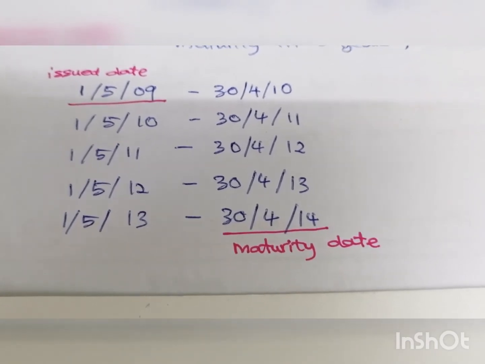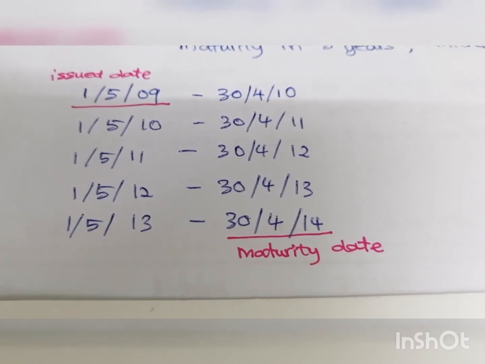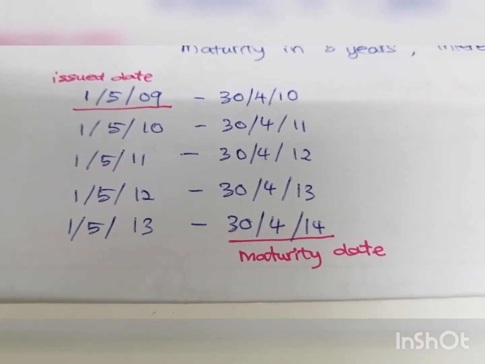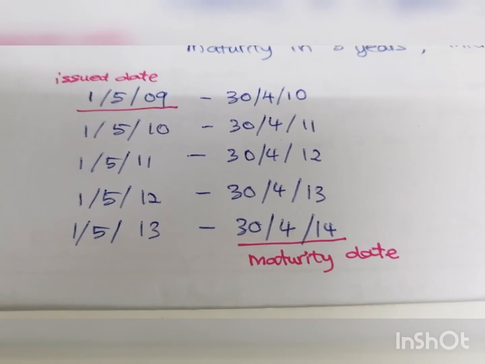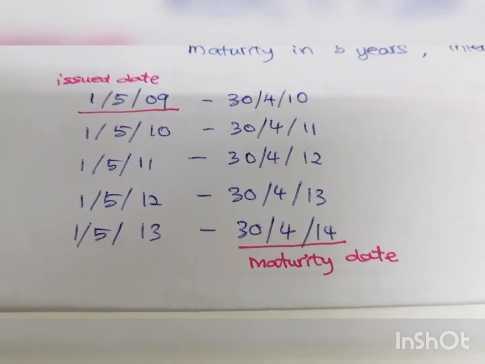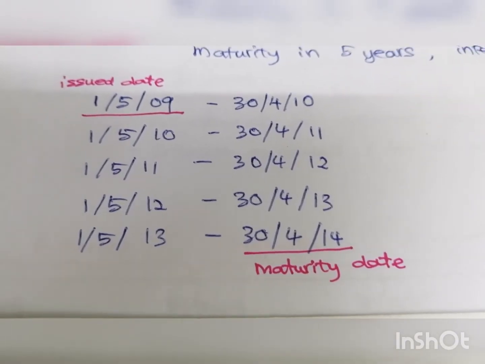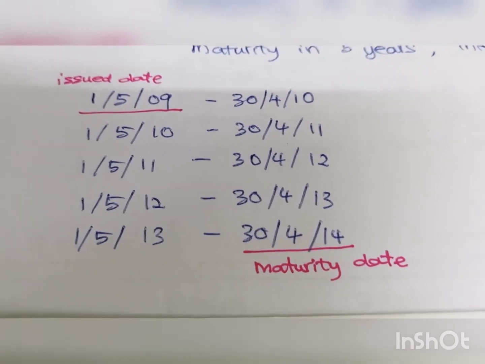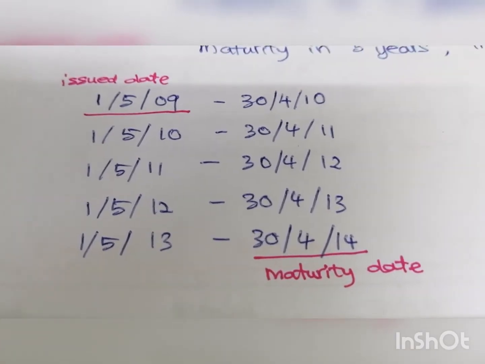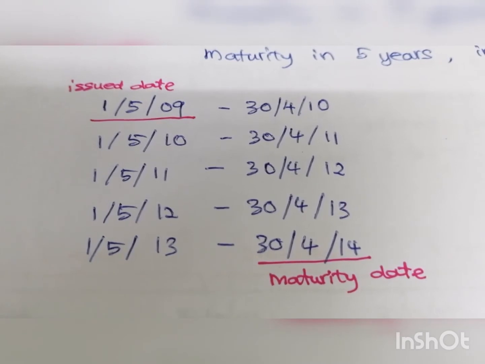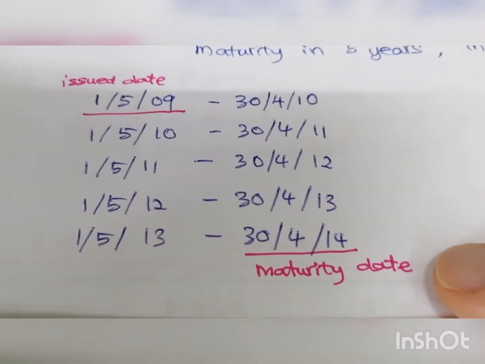So 1st May 2012 until 30 April 2013, year 4. 1st May 2013 until 30 April 2014 is year 5. So 30 April 2014 is the maturity date.